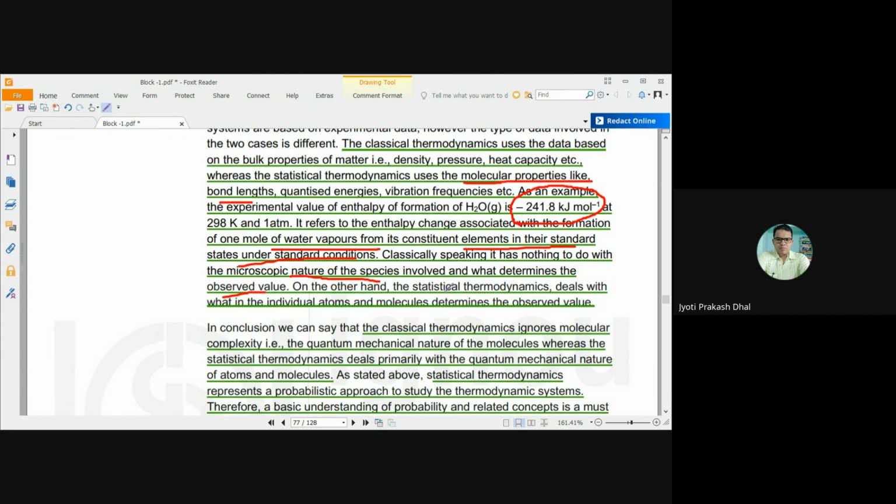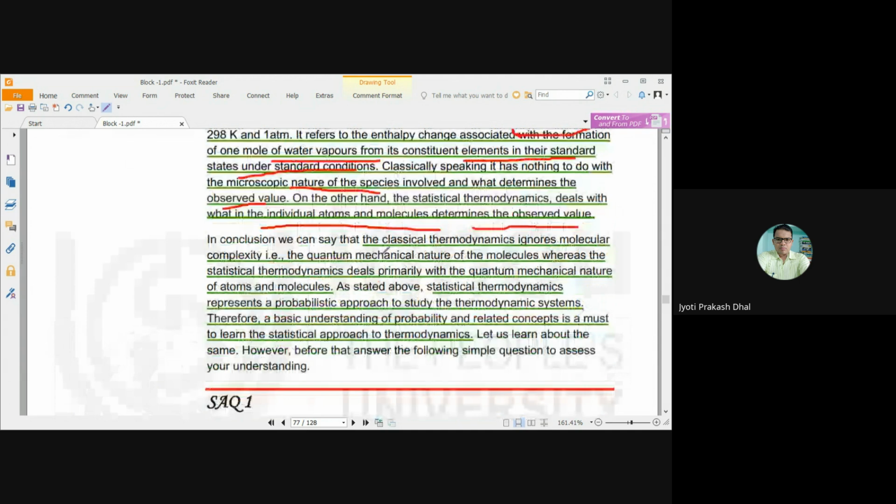So that means it has nothing to do with the microscopic nature of the species involved, what determines the observed value. On the other hand, statistical thermodynamics deals with the individual atoms or molecules, which determine the observed value. In conclusion, we say that classical thermodynamics ignores the molecular complexity.